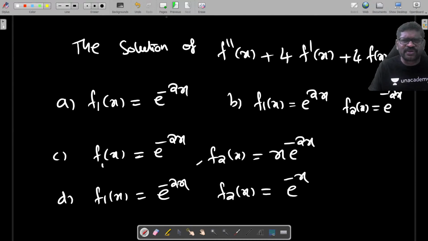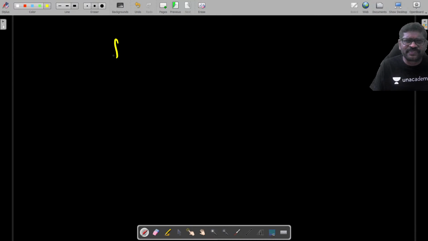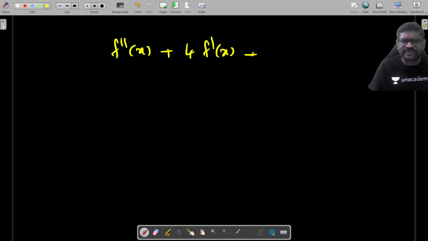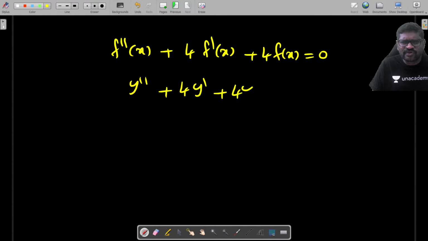In this problem, we have to find out two independent solutions of the given differential equation. The differential equation is f double dash x plus 4 into f dash x plus 4 into f of x equal to 0. That is y double dash plus 4y dash plus 4y equal to 0.